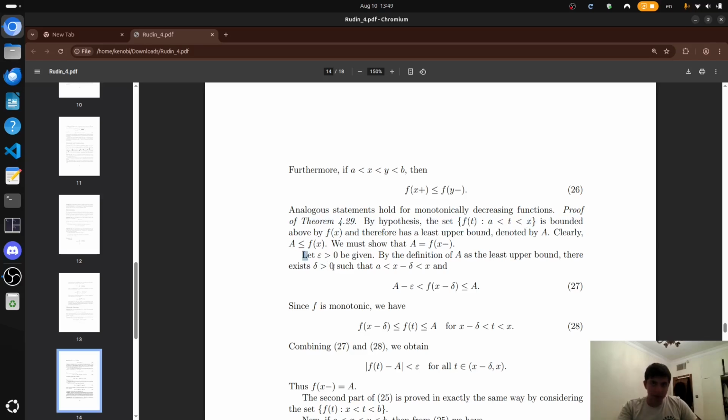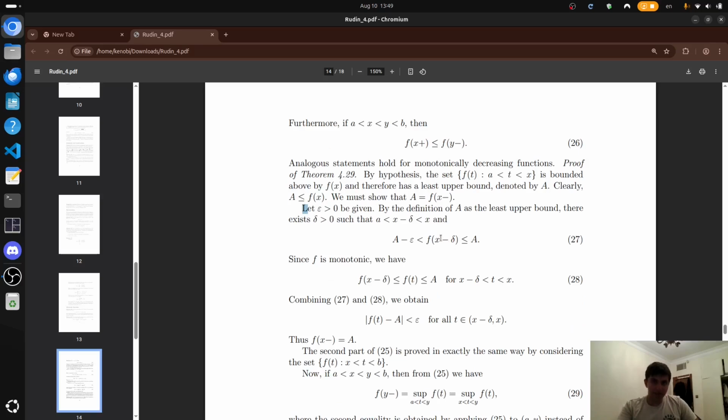Let epsilon greater than 0 be given. By the definition of A as a least upper bound, there exists delta greater than 0 such that a less than x minus delta less than x, and A minus epsilon is less than f(x minus delta) is less than or equal to A.